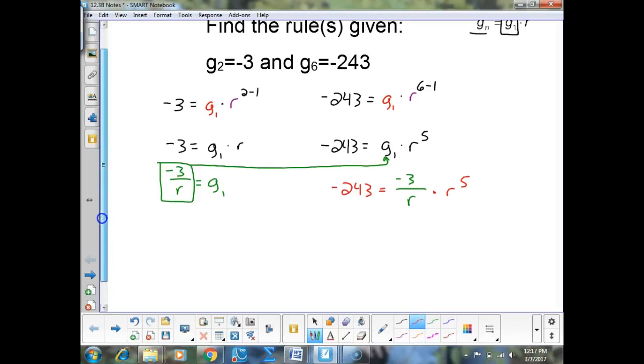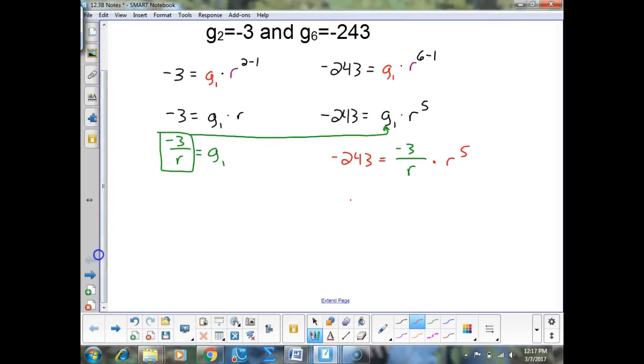When I simplify that, I get negative 243 equals negative 3 R to the fourth power. Because R to the fifth power divided by R is R to the fourth power.